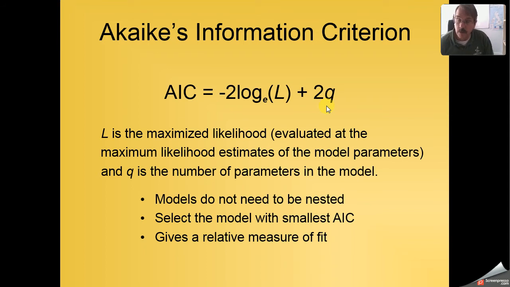And so it's the trade-off of bias and precision that is represented in the two quantities of the AIC. There's been a lot written about AIC. You can consult either the distance sampling books by Buckland et al. or a variety of other places in the literature to learn more.